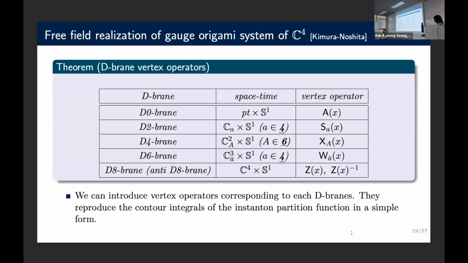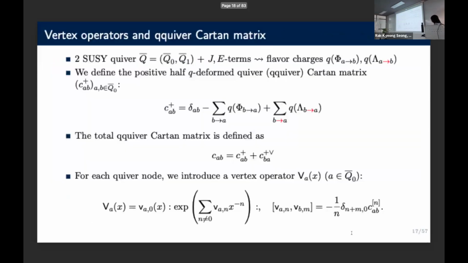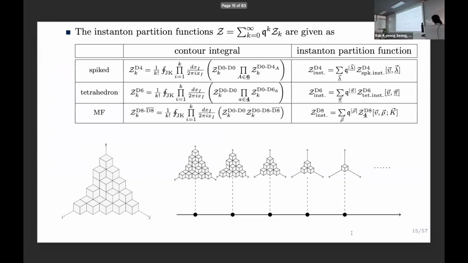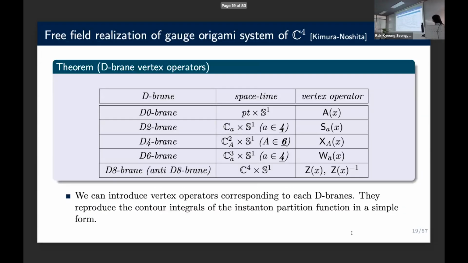Since the flavor nodes of the associated gauge origami system are classified into three types, D4, D6, and D8, for each flavor node you can introduce a new type of vertex operator, which we call the D4, D6, and D8 vertex operators.